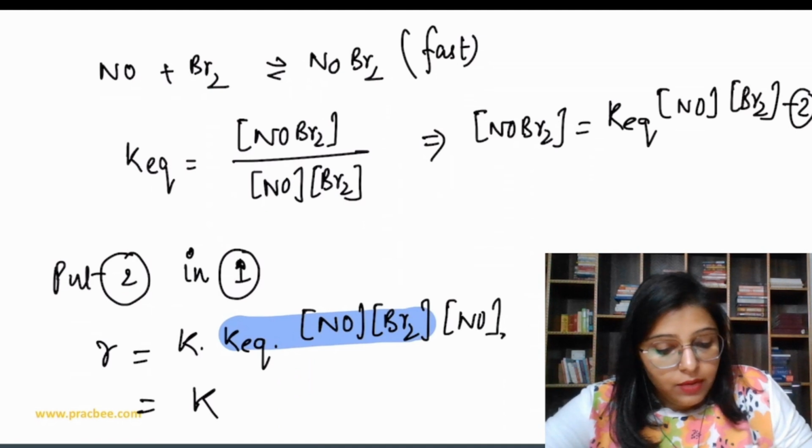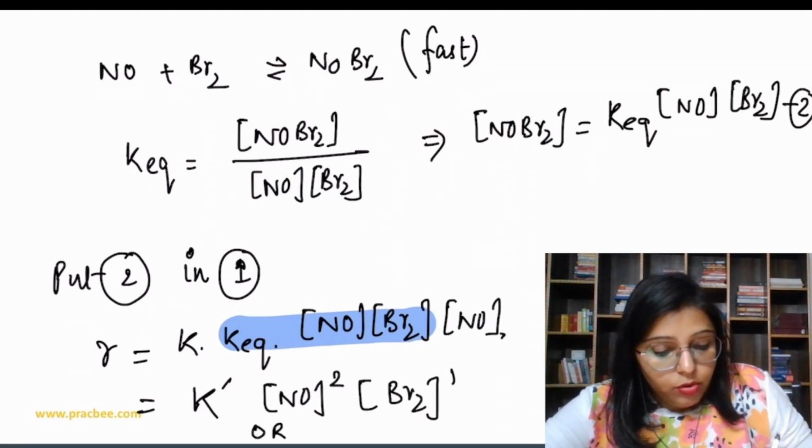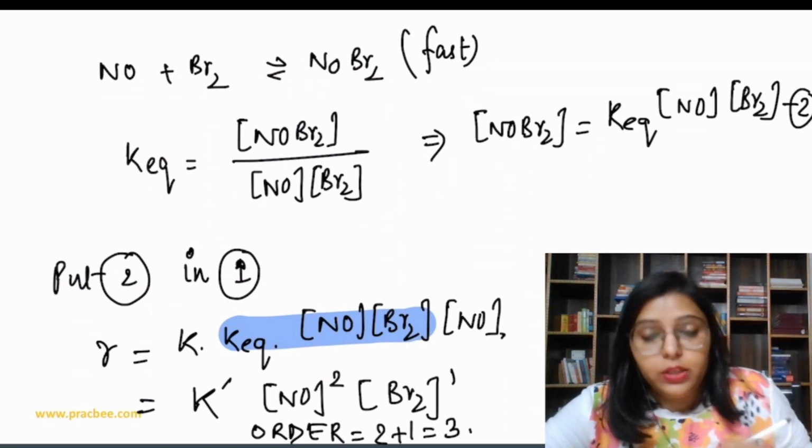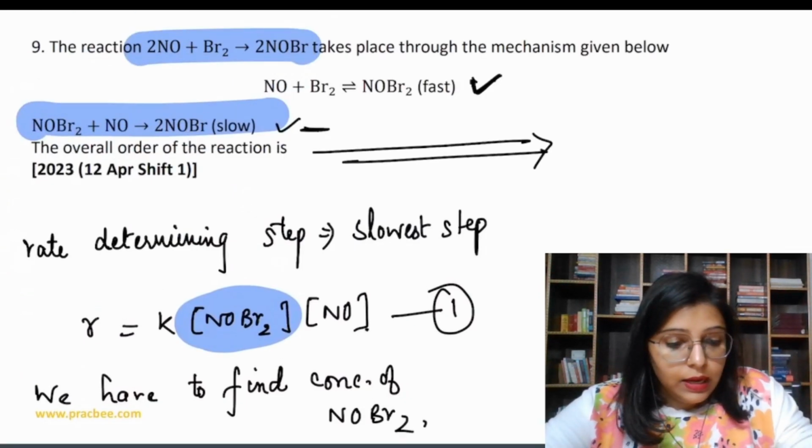So on that basis, suppose this is K dash, then we get [NO] to the power 2 and [Br2] to the power 1. So if I want to find the order, it is going to be 2 plus 1, that is equal to 3. Okay, so the answer for the order of the reaction is 3.